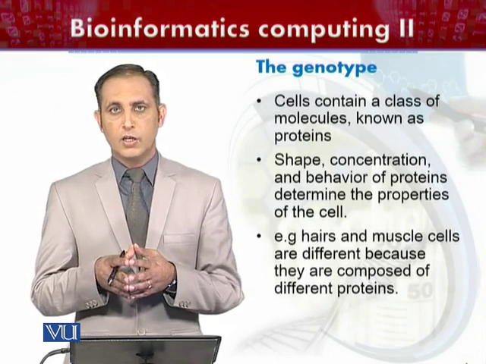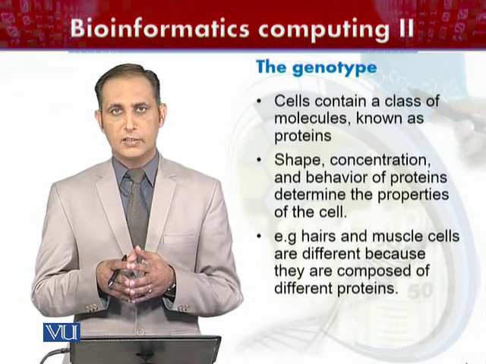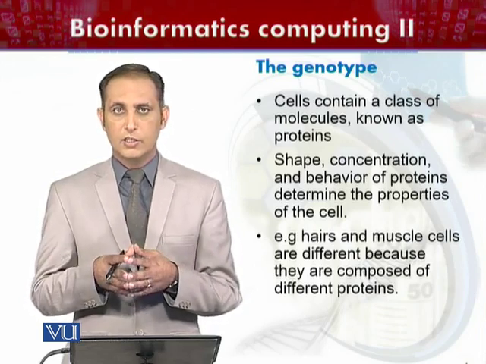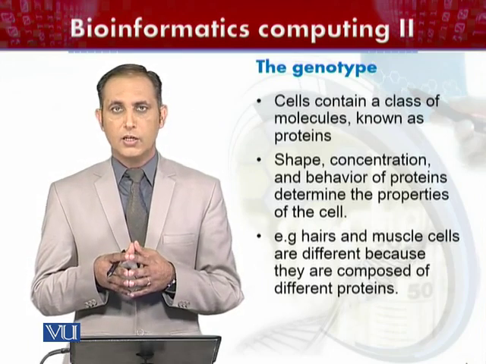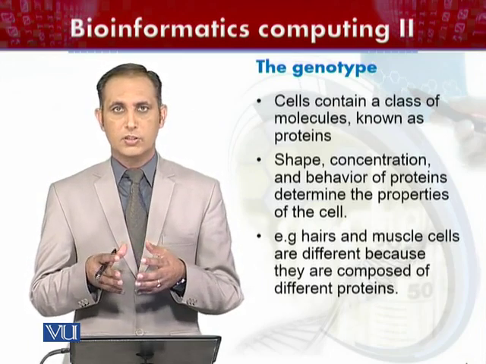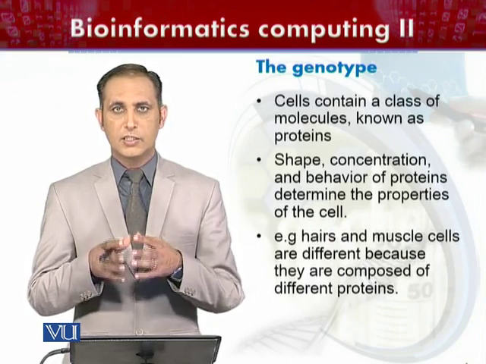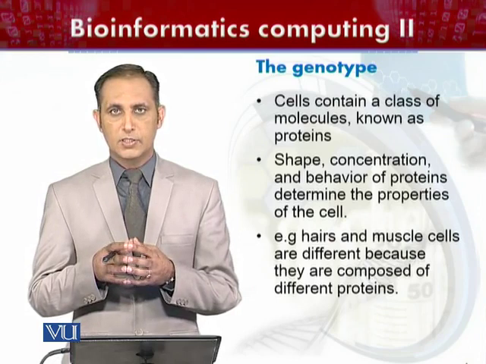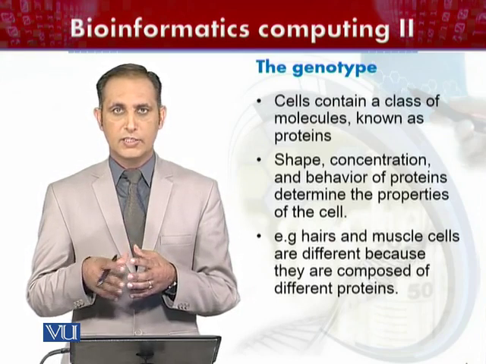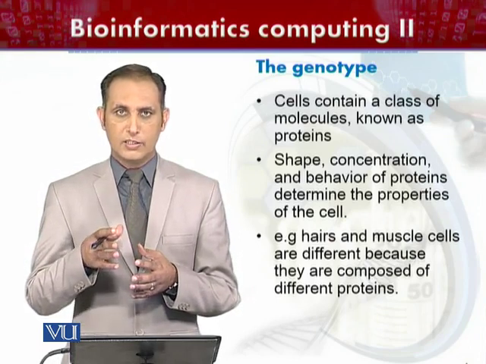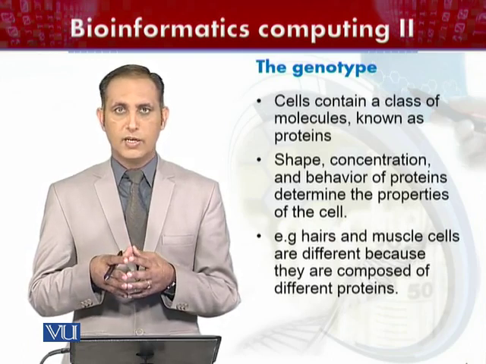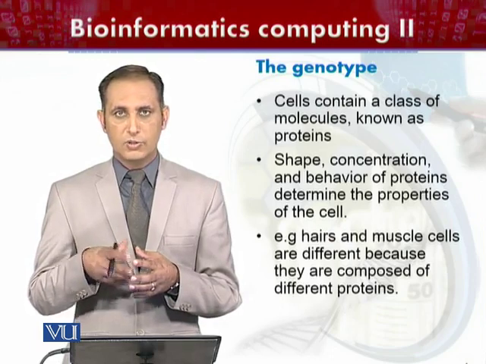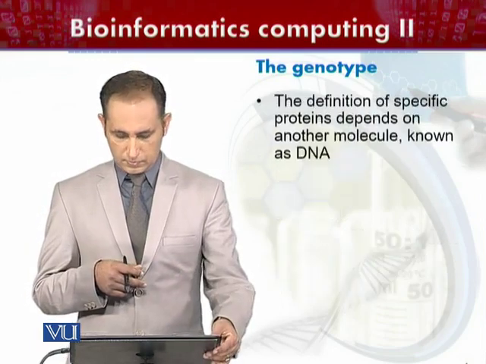For example, we have muscle cells, brain cells, stomach cells, different types of cells in different tissues of our body. The genetic makeup of all these types of cells is the same within the same individual or within the same species, but different types of cells are different because of the presence of different types of proteins in them. So it is the proteins which make the cells different from each other, and which make them different with respect to different functionalities.